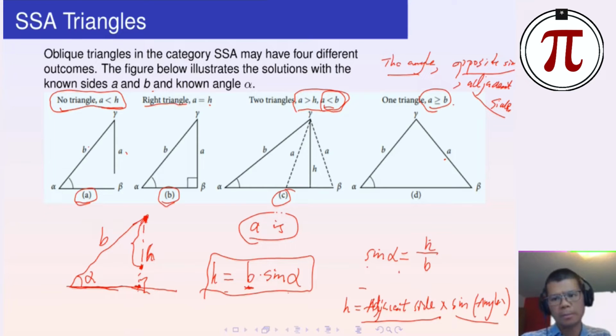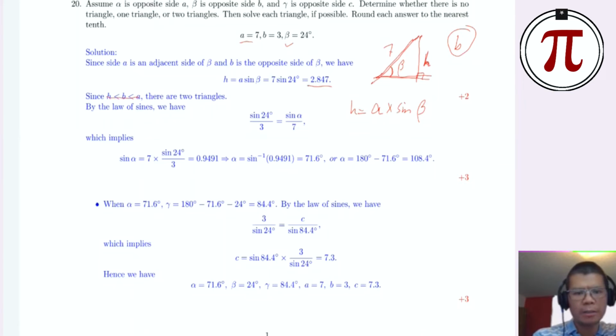So H is less than B, less than A, so H is the smallest one for the third case. H is 2.847, less than B, and B is 3, which is less than A, and A is 7. Now this is good.